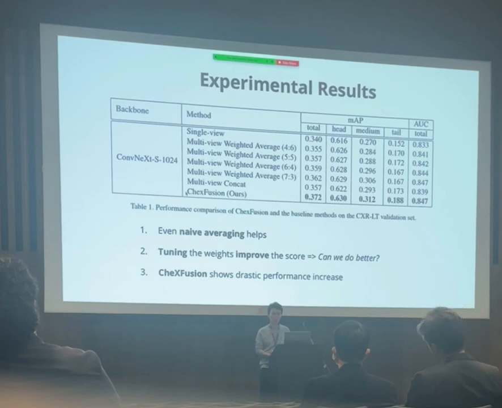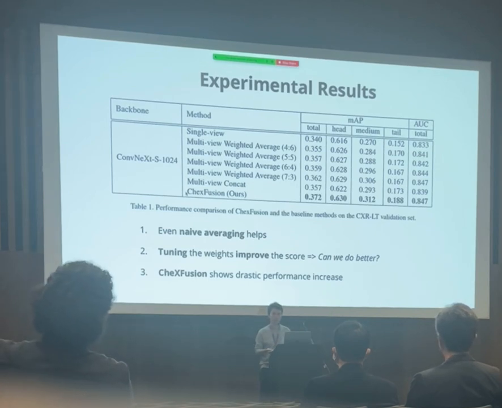When I say tuning the weights, often we are given side images of a chest X-ray or a frontal image of a chest X-ray, and giving higher weight to the frontal image showed better results, which matches clinical practice, like doctors diagnosing more based on frontal views instead of lateral views.